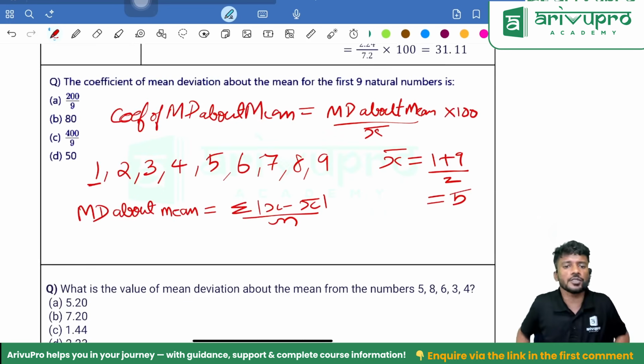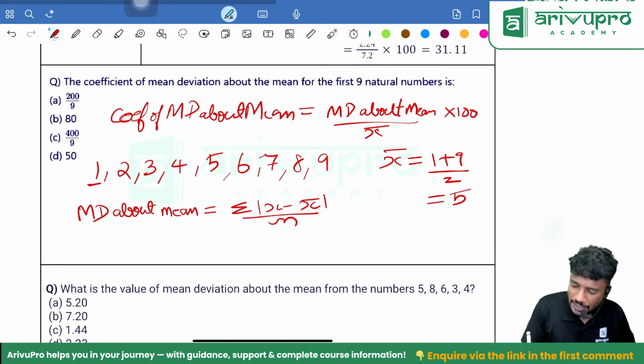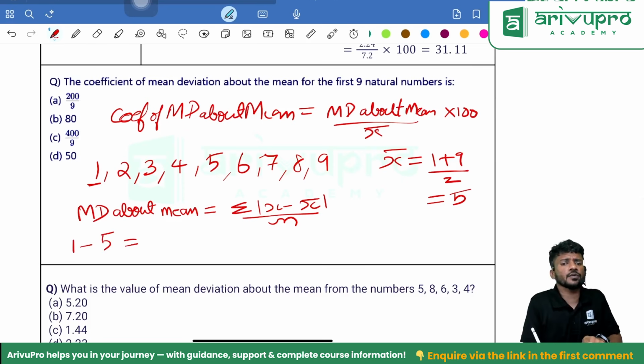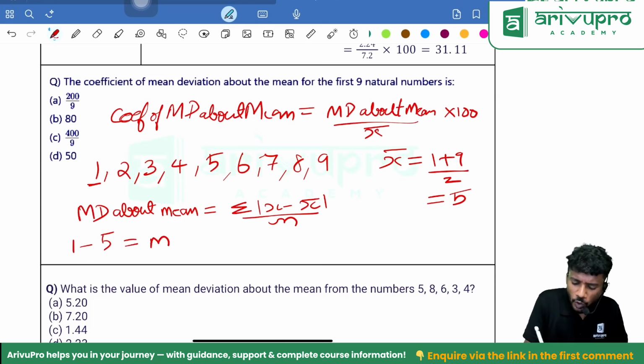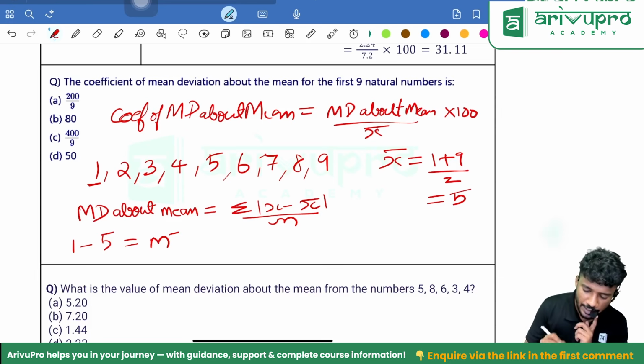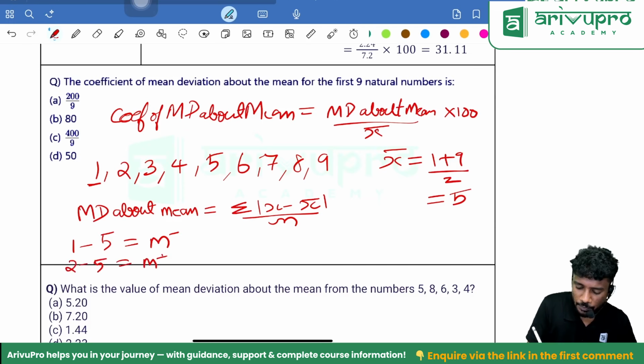Now, x minus x bar. First x value is 1. So, 1 minus 5 is a negative value, so you will click M minus. Why are we clicking M minus? We are saving it as positive, since modulus is there. Then 2 minus 5, which is negative, click M minus.